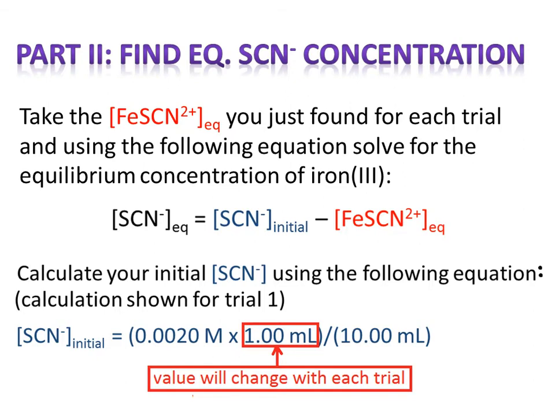We multiply that by the 1 milliliter that we used, and divide by the total volume of that first trial, which was 10 mils. Our milliliters cancel. We would plug our resulting value in for our initial concentration of thiocyanate. Now, because the volume of thiocyanate that we used with each trial changed, we're going to need to calculate this value for each trial, so we'll have 5 different values depending on the trial for each of our 5 Part 2 trials.